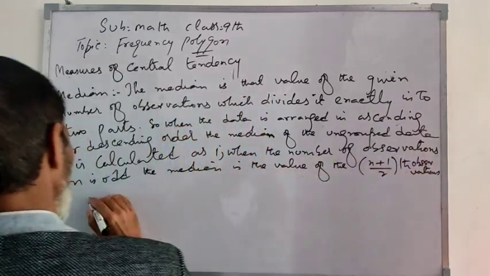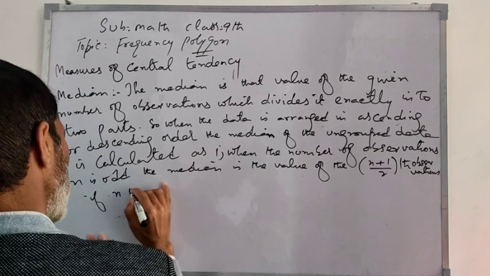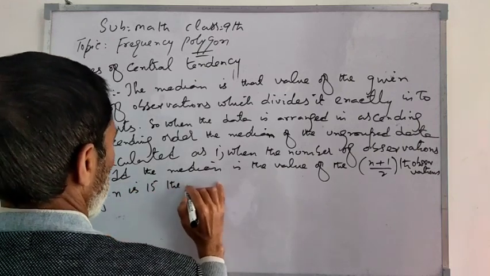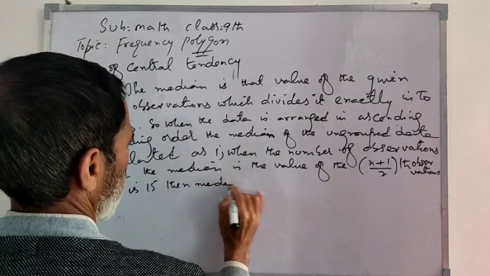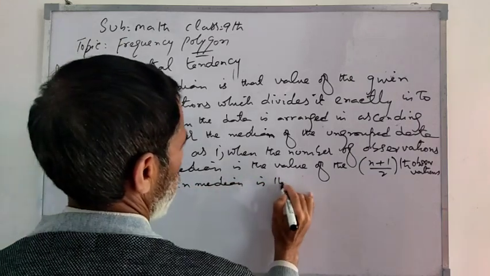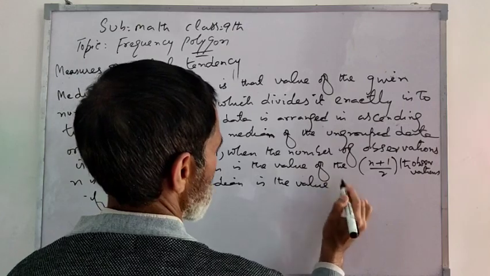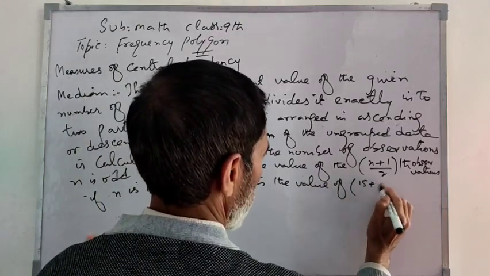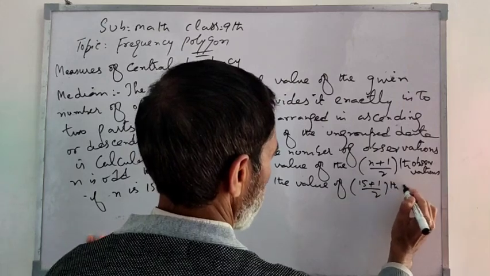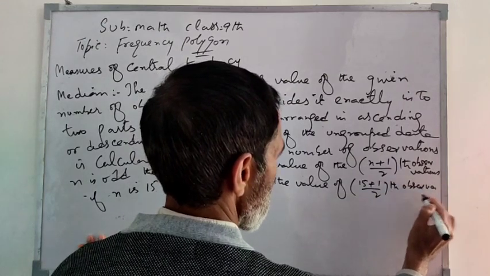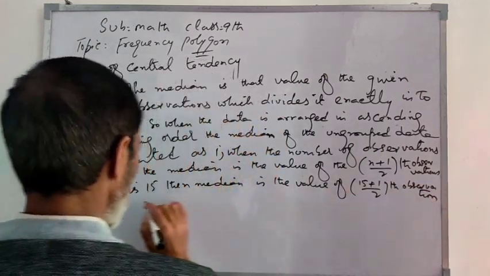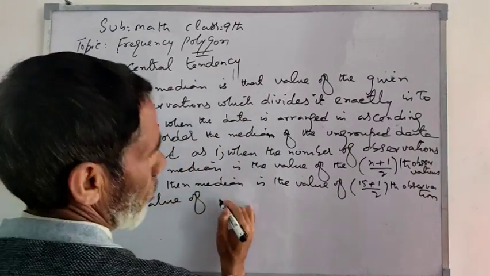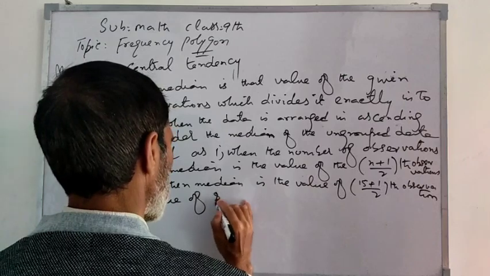That is, if n is equal to 15, then the median is the value of the (15 plus 1) by 2th observation, which is equal to the value of the 8th observation.